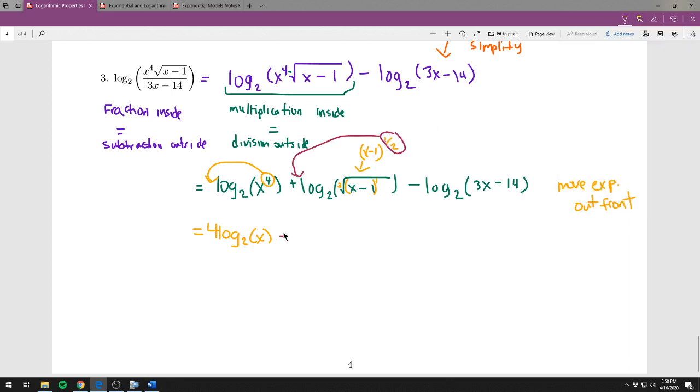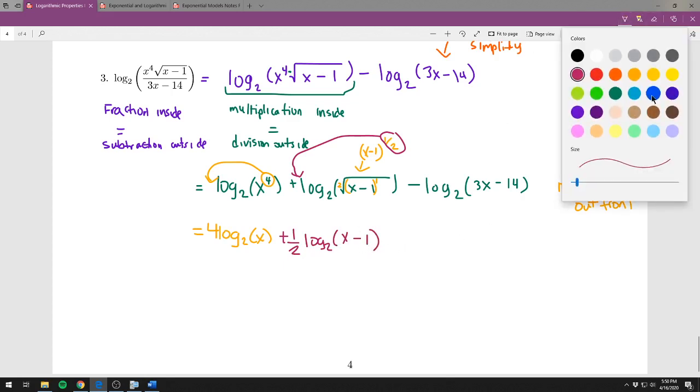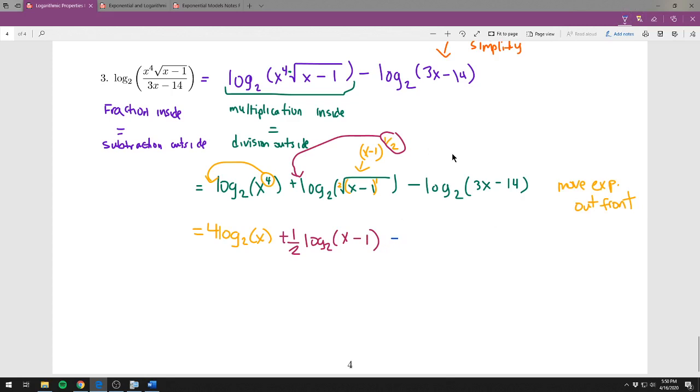We got plus 1/2 times log base 2. The inside is x minus 1, and remember that is something that cannot be changed. And like we talked about a little earlier, the second part's already simplified. There's no exponents to move out front. There's no multiplications. There's no divisions. Just log base 2 of 3x minus 14.